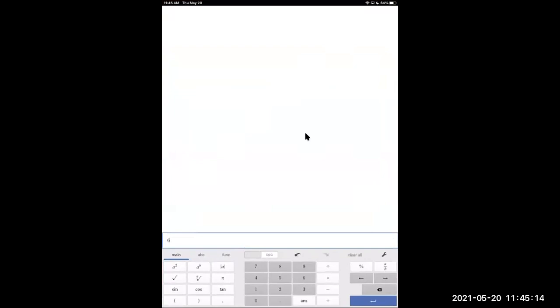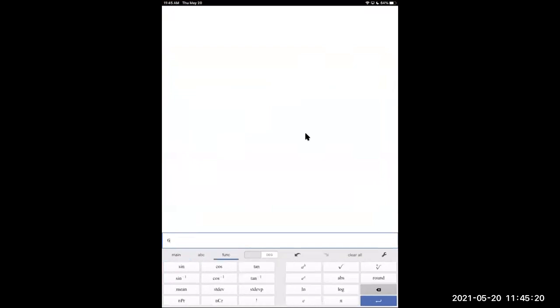If you don't, like for mine, I'm not connected here, you can do 6, and then go to functions, and there should be a factorial symbol on the bottom right of the section in the middle. So 6 factorial is 720 different ways in which you can arrange the 6 players.